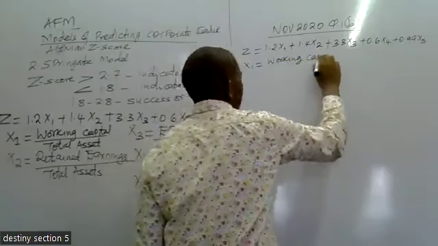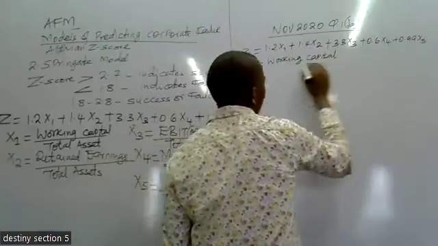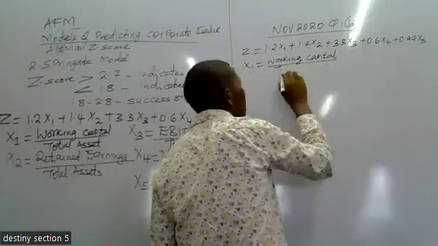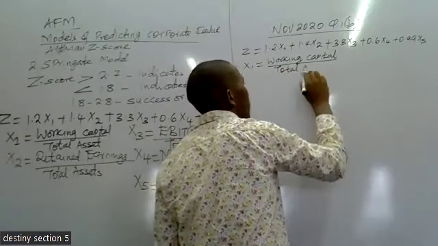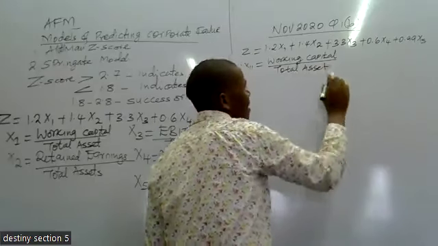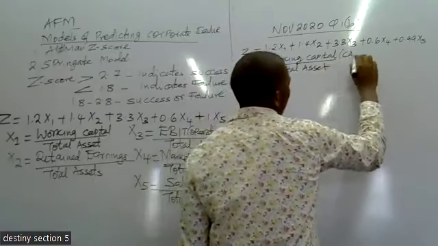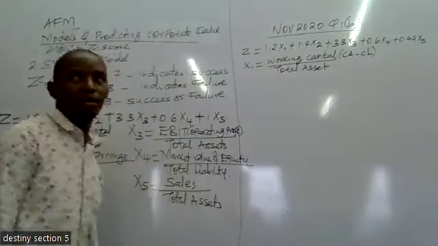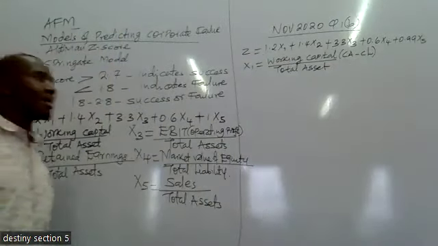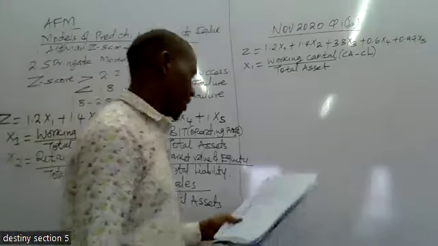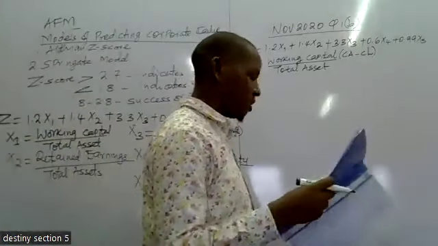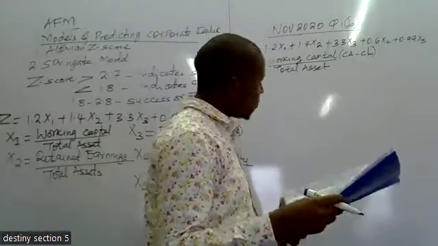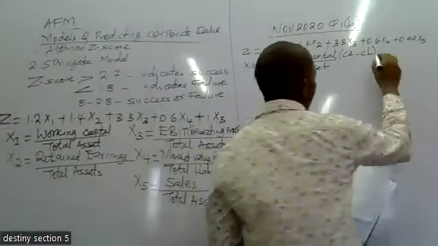of the total assets. Now, how do we get the working capital? Working capital is just the current asset minus the current liability. So we were given there, what was the value for the current asset?